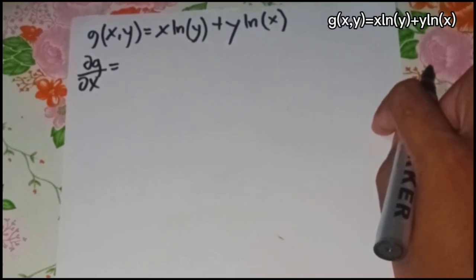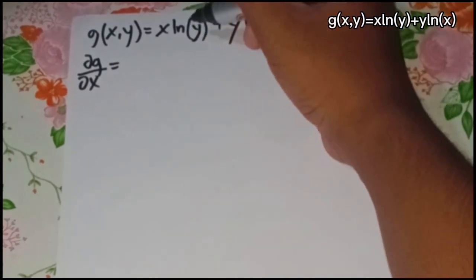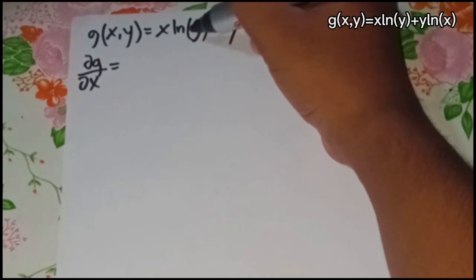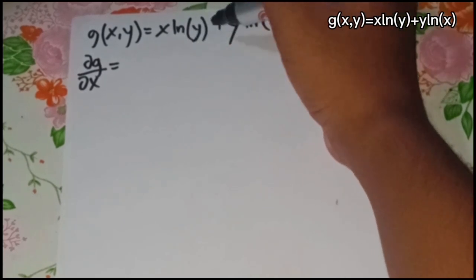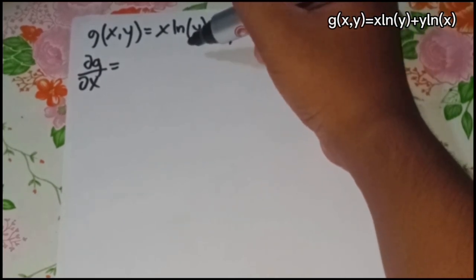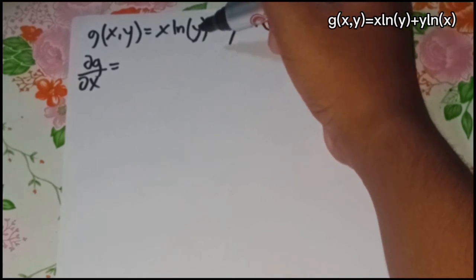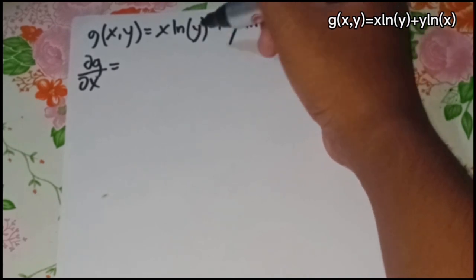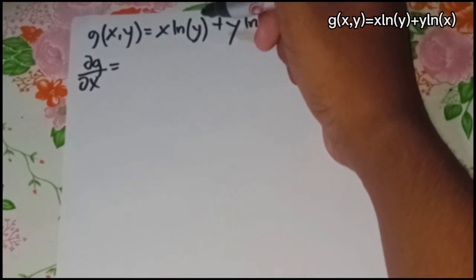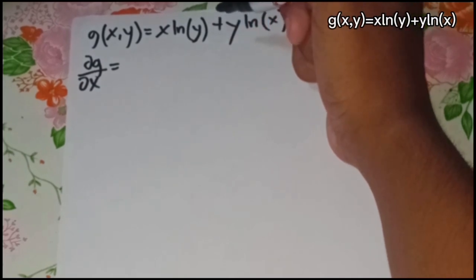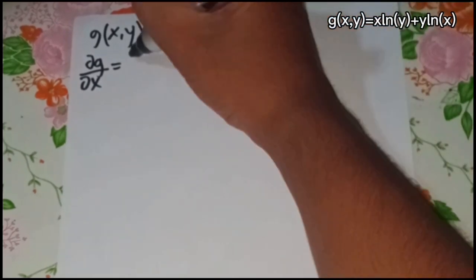First, let's differentiate this one. Since y is treated as a constant, ln y is also a constant. So the derivative of x ln y with respect to x is simply ln y, as the derivative of x is 1.